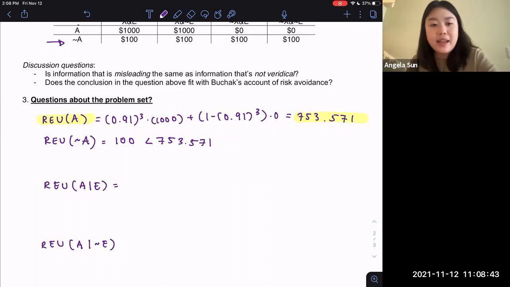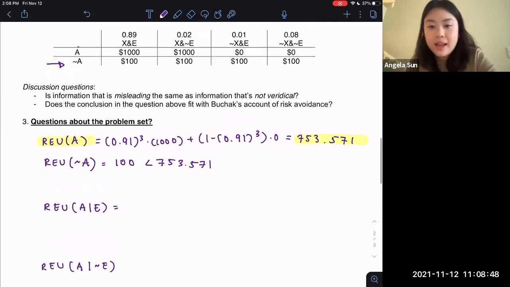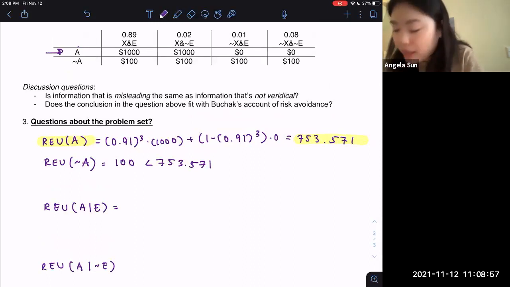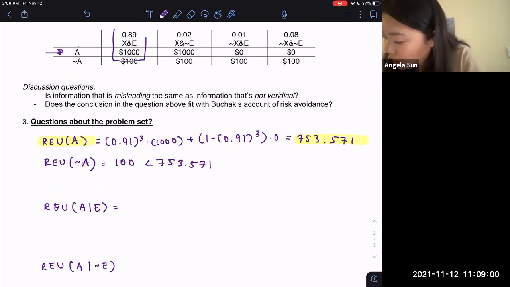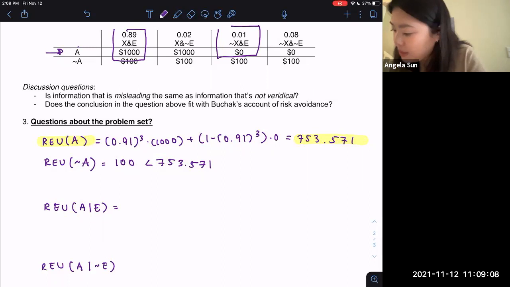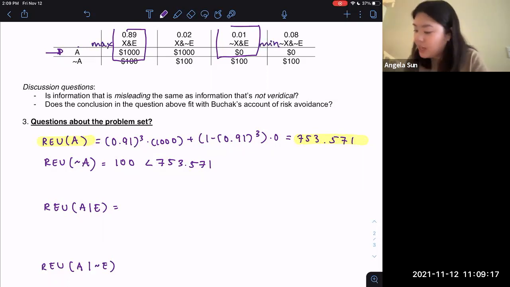Okay, so let's start by calculating the risk-weighted expected utility of A given E. What this means is we're just going to focus on the row with A, and we're only going to focus on the columns where E occurs. So these two columns, right? We're conditioning just on cases where E occurs. Notice that this gives us a case with only two possible outcomes, a max and a min. So we're going to use, again, that two outcome formula for calculating risk-weighted expected utility.